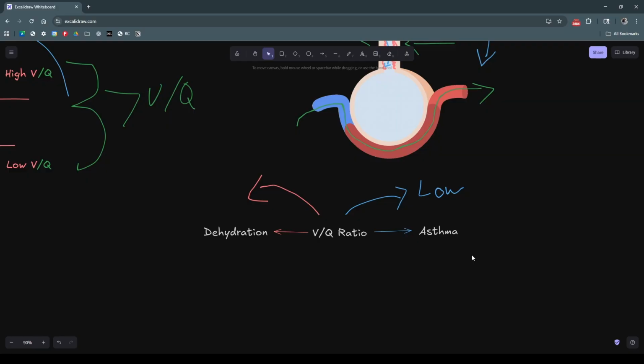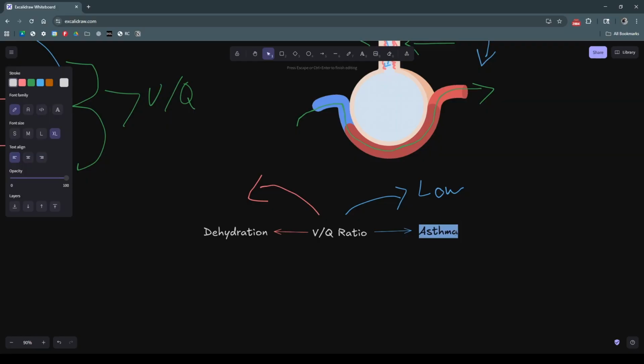And so, even though we could put all kinds of things over here, we're probably looking at trying to describe the spectrum of what's happening, because we could also put other conditions like COPD and perhaps pneumonia or pulmonary edema.